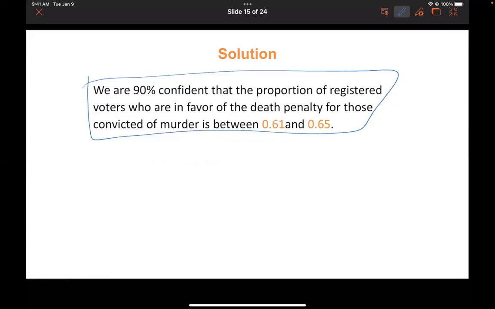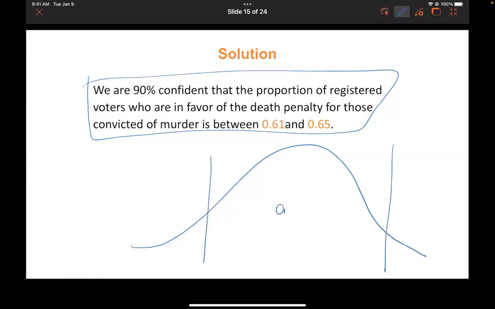So what happened was, right here, this is my 90%, right? I'm going to kind of break it down. This is my 90%, so there's 5% down here and 5% up here. So I found my z-score at 0.95 is 1.645.